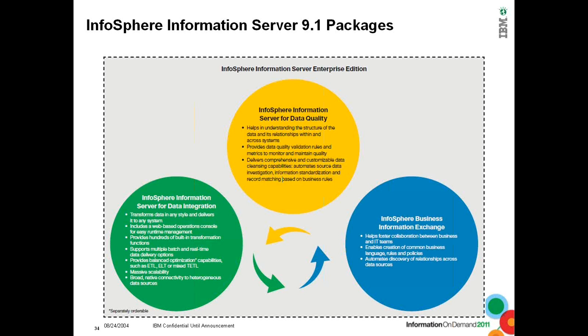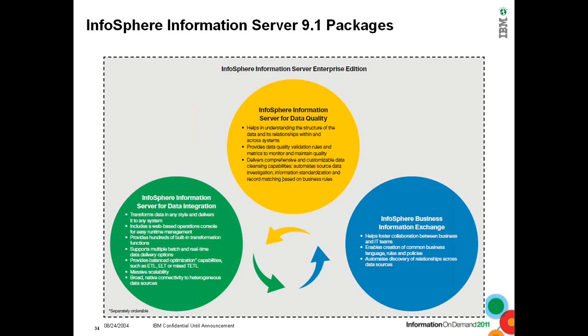So just to give you a quick update on what Information Server for Data Integration does, it is positioned towards data integration, job design, and performing massively parallel jobs across various data sources that you typically run. So that's what it's positioned for.